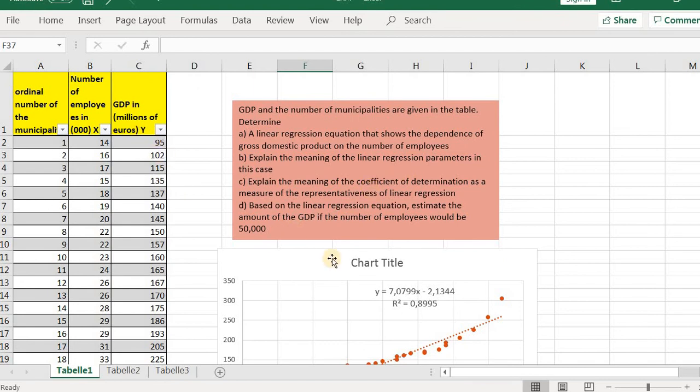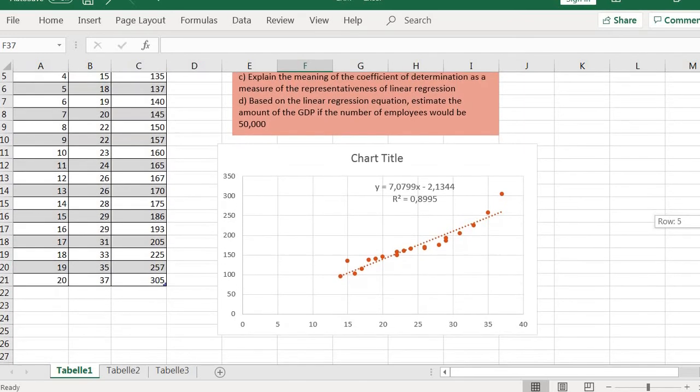GDP is Y. And the number of employees would be 50,000. The number of employees is already given here in thousands. Those are the units. That means that in our equation we have to put the number 50, and this number 50 will represent 50,000. Okay, be careful here.